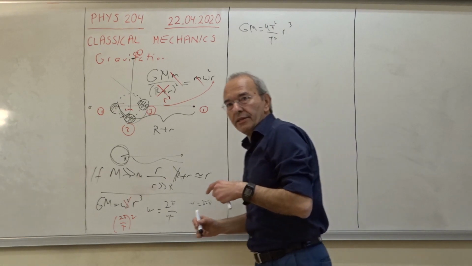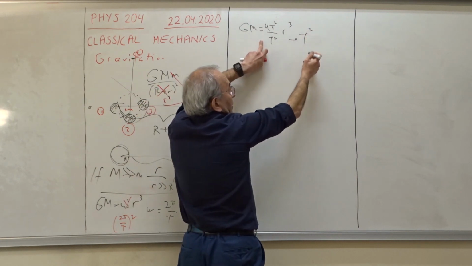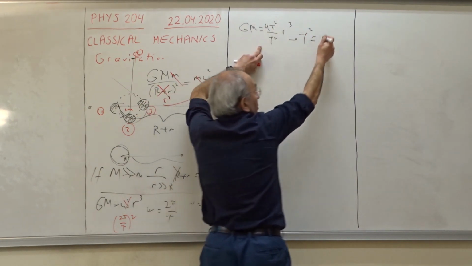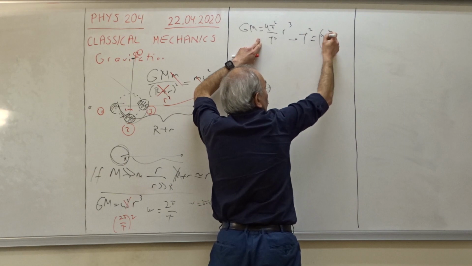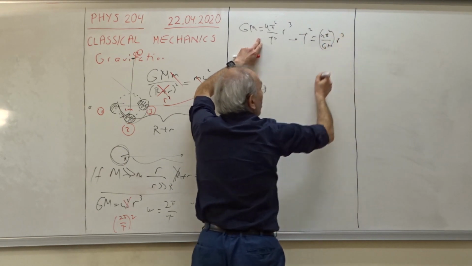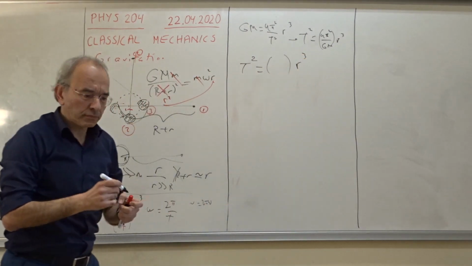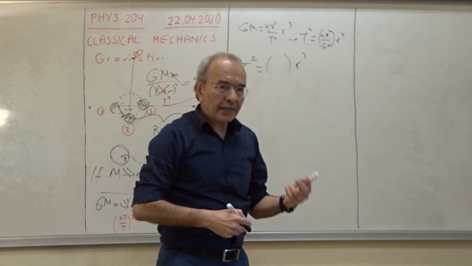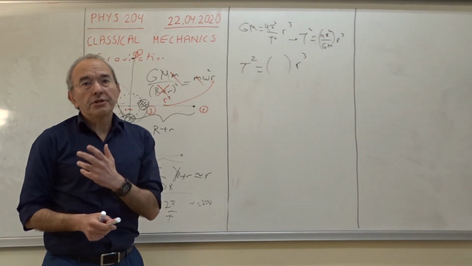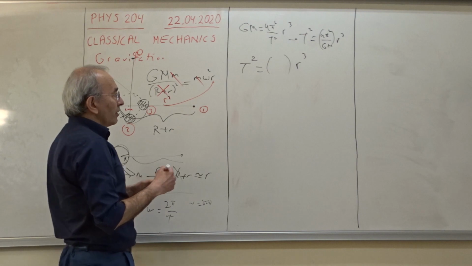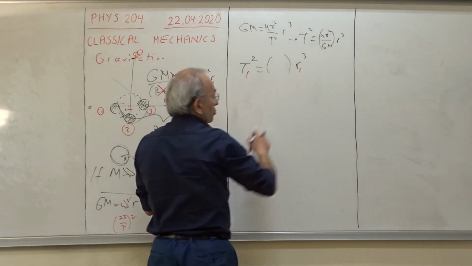If you take T squared to the other side, then T squared is equal to some constants which are not important, of course, 4 pi squared over GM, multiplied by r cubed. So in other words, we have T squared equals something times r cubed. We can apply this idea to a second planet as well, because all the planets have masses considerably less than that of the Sun. So for planet 1, we have T1 squared equals r1 cubed.